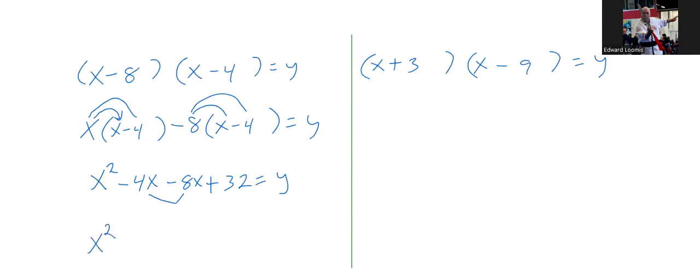Combine the middle two, I have a negative 4x plus a negative 8x. The signs are the same. 8 plus 4 is 12x, and I just keep the same sign, which is negative. I have no like terms for my constant, which is a positive 32. So we'll bring down plus 32, and that whole thing is equal to y.